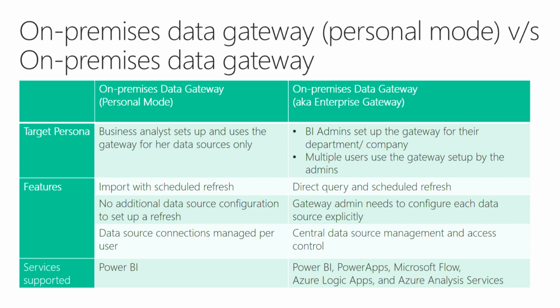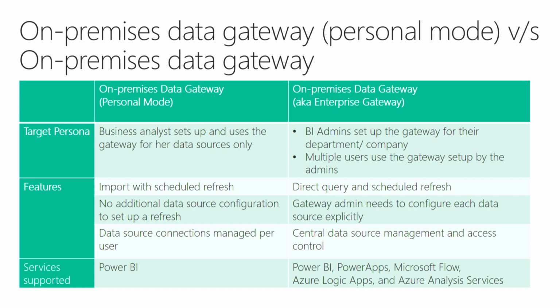From a features perspective, there's a difference between the personal mode and enterprise mode. With the personal mode, you can only use it for import and scheduled refresh connections. You cannot use it with DirectQuery or a live connection. Whereas with the on-premises data gateway default mode, you can actually use it for both. So it's up to the user to say, I want to use it for an import connection or a DirectQuery or live connection in the case of SSAS.